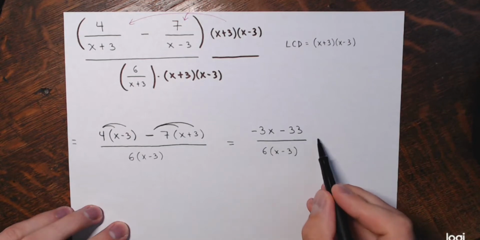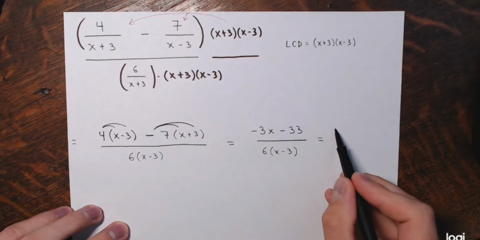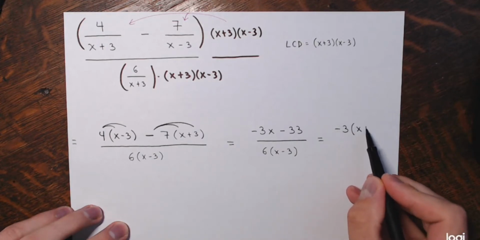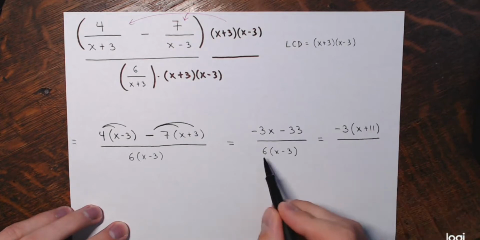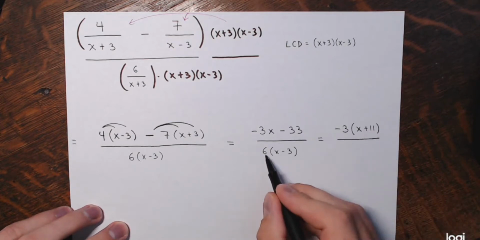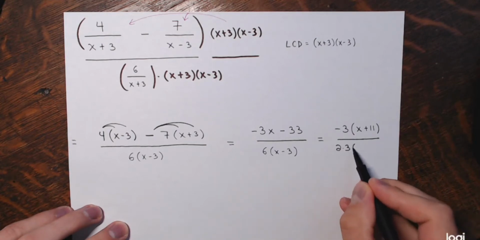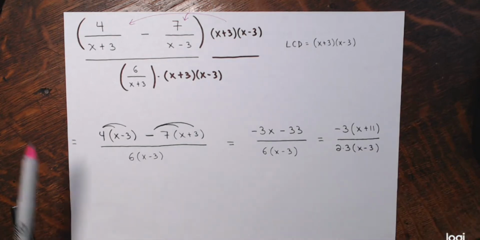Now the numerator can factor. You can pull negative 3 out of that, and then you'd have x plus 11. And look, yes, there is a common factor, right? Because 6 is 2 times 3. When I break 6 up, you see the common factor of 3.